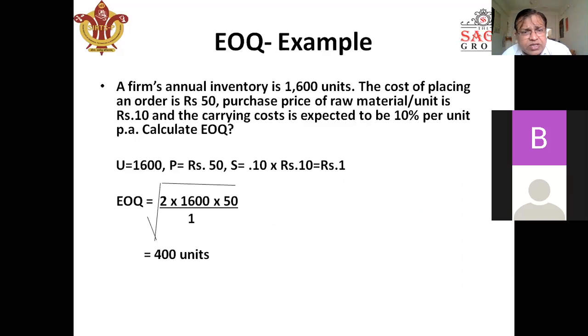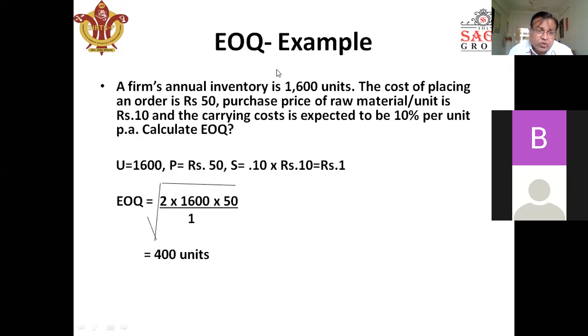The cost of placing an order is 50 rupees. The purchase price of raw material per unit is 10, and the carrying cost is expected to be 10% per unit per annum.